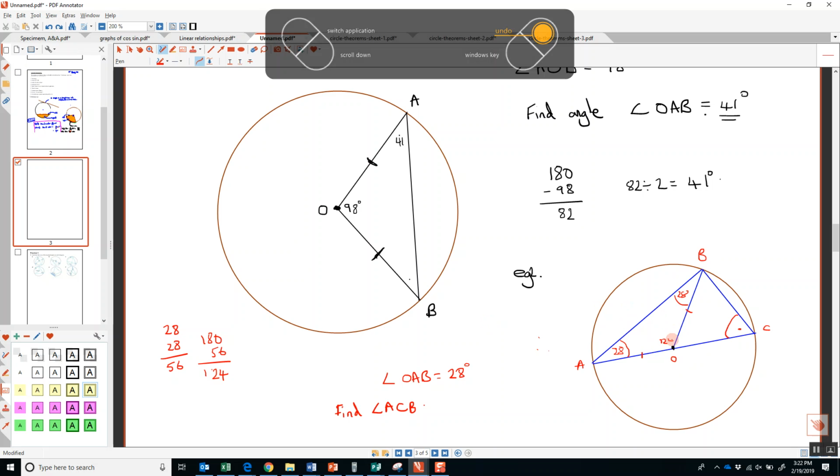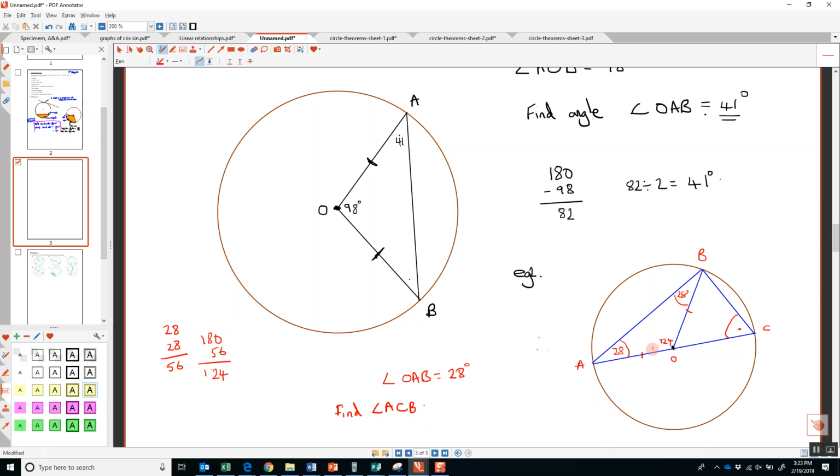See? And then, yep, because these two angles on a straight line have to add up to 180, this has to be 56. And then again, I've got another isosceles triangle on the other side, where this side is the same length as this side.